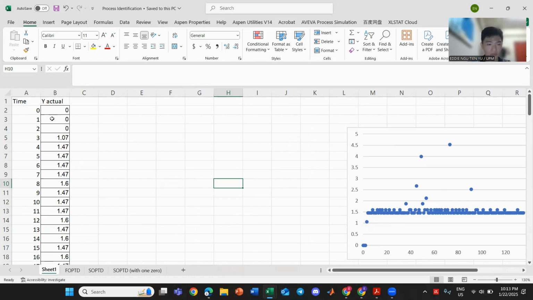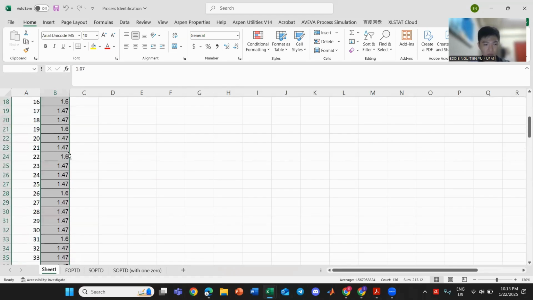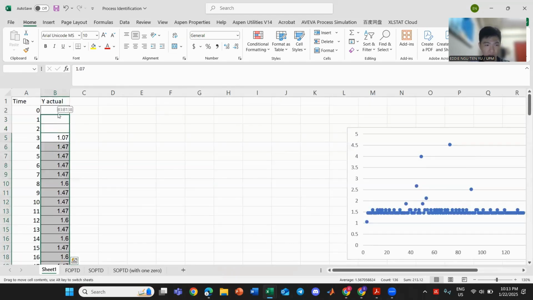So we will have to remove the zero here by defining that the pump has reached the steady state, which is 1.07. So we will move these three variables here, and then we shift this variable up to the initial time.